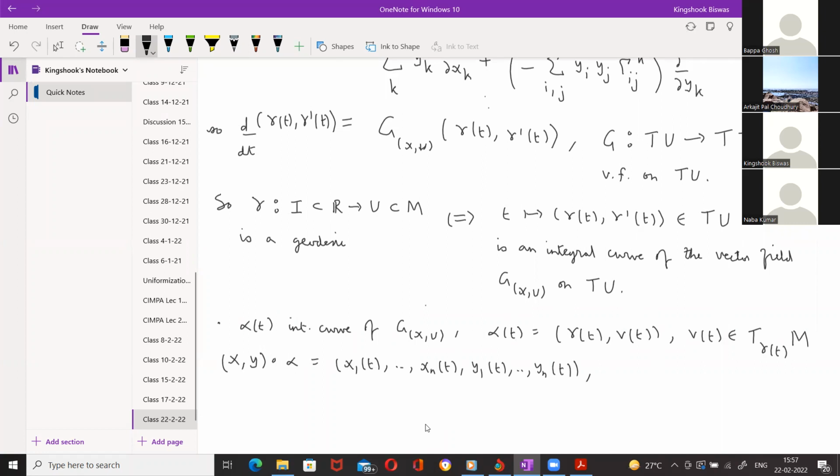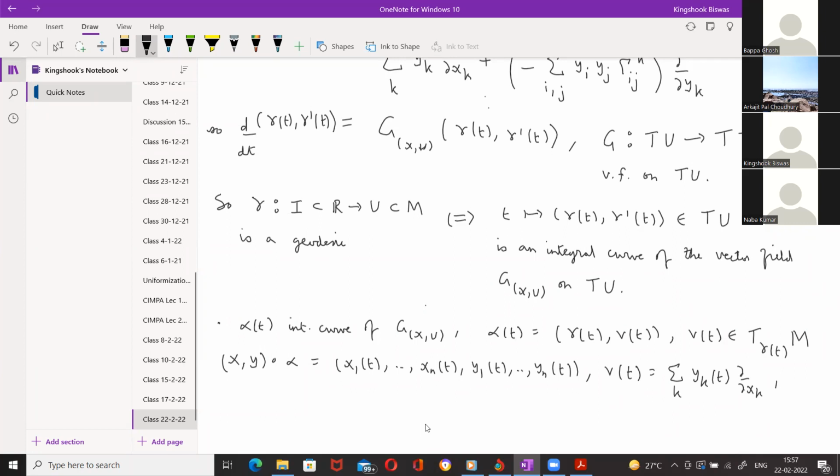These are the coefficients of V(t) with respect to the basis ∂/∂x^1 to ∂/∂x^n, right? So V(t) is equal to the summation over k of y^k(t) ∂/∂x^k. All right. Yes, this is how the y^i's are defined. They're the coefficients with respect to the basis ∂/∂x^k.